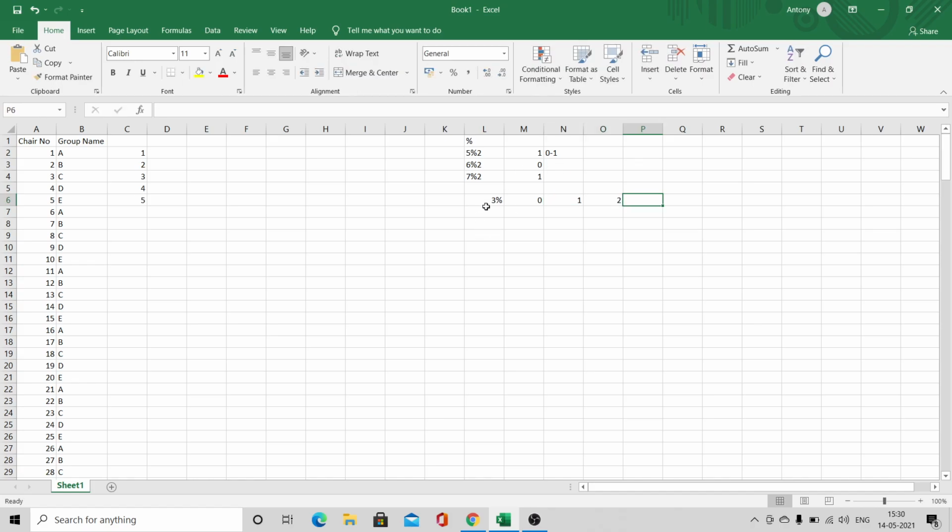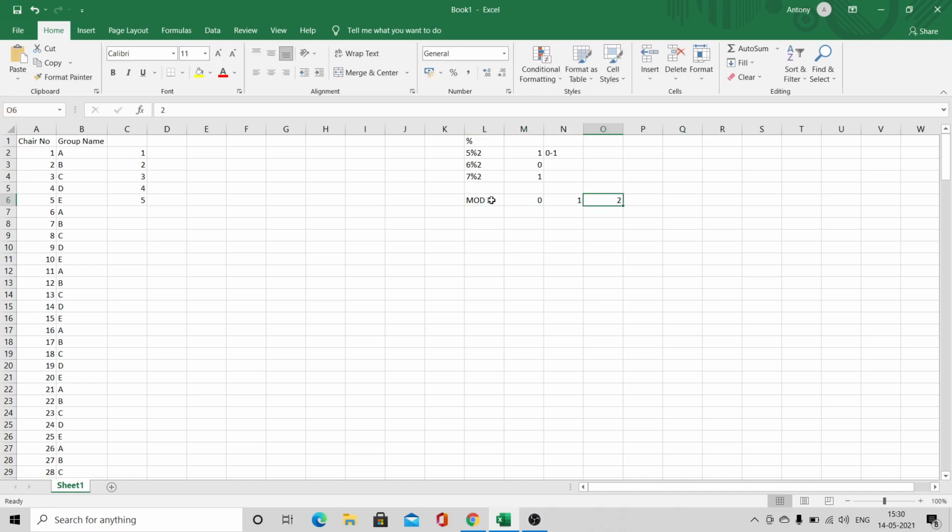So whatever the value be, if I do the operation mod 3, the output will be 0, 1 or 2.